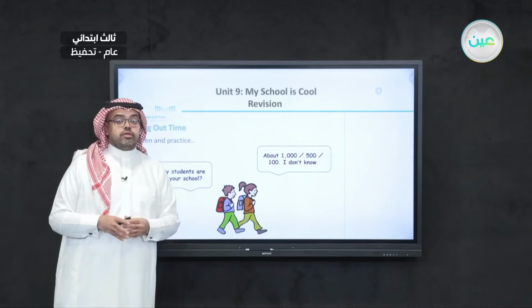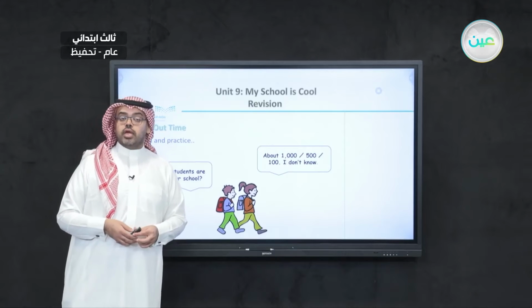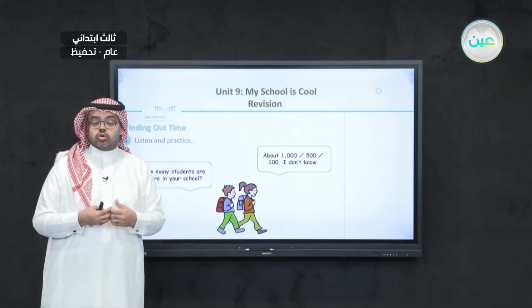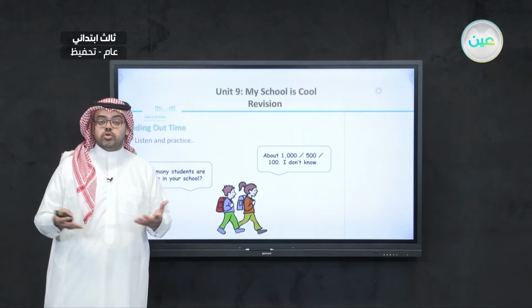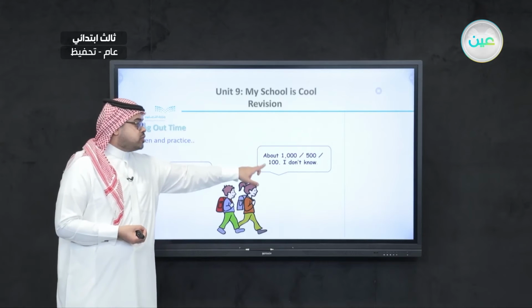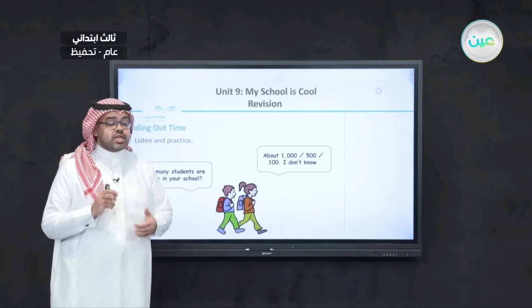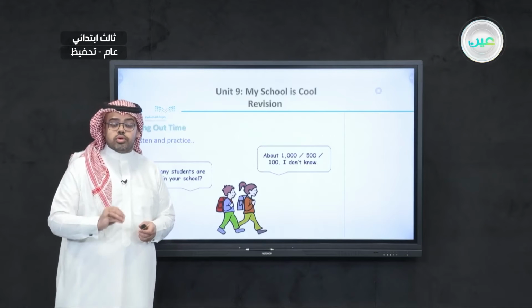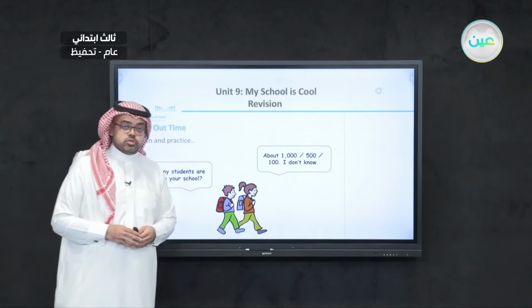So this is another thing that you can say about your school, to say the number of students you have there. You can use the word about, because about does not give the exact number, but it will give a close number to the real number of students you have.